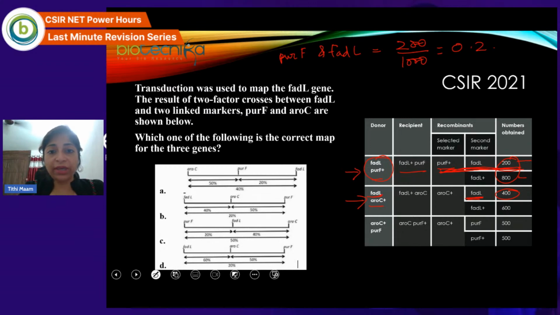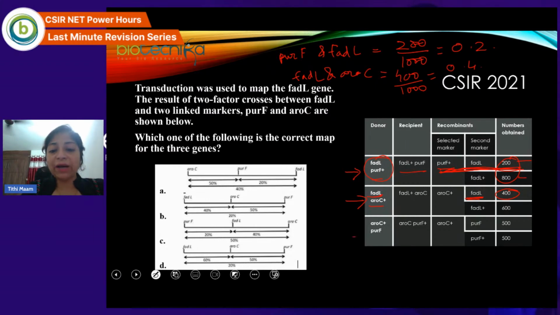Rahul, correct. So now next we will find out the co-transduction frequency of FADL and AROC. How much will it be? 400 by 1000, so it will become 0.4. Excellent.